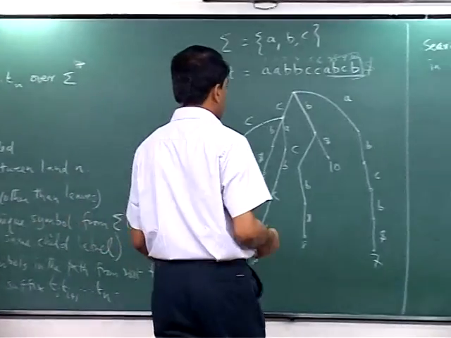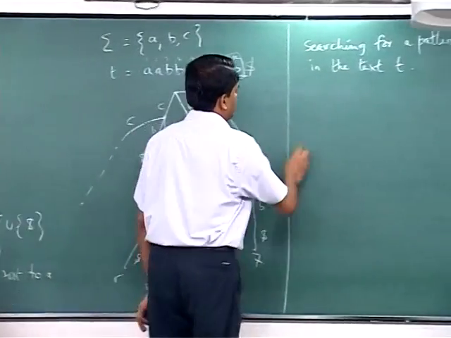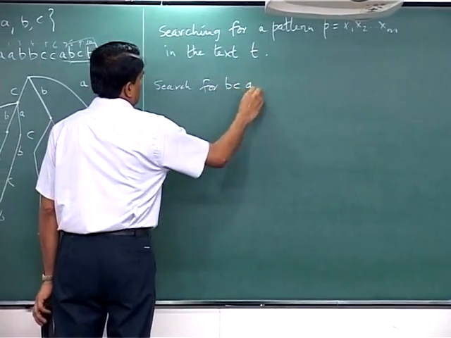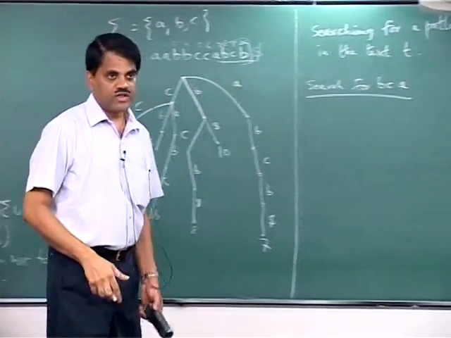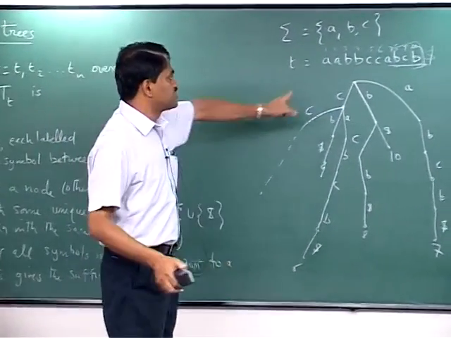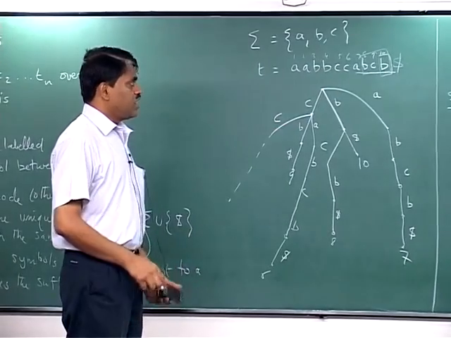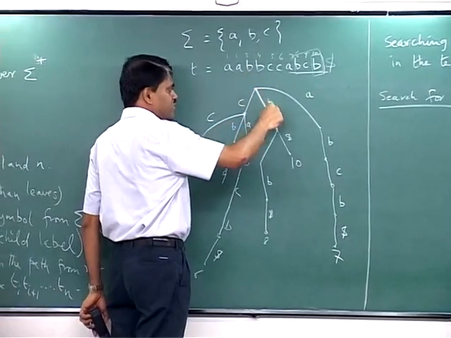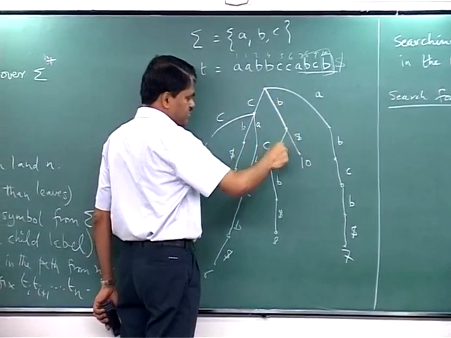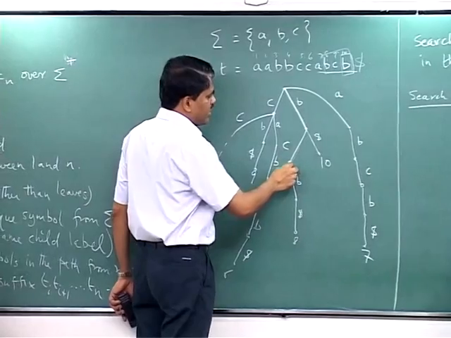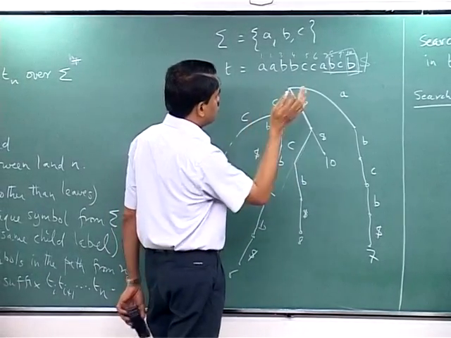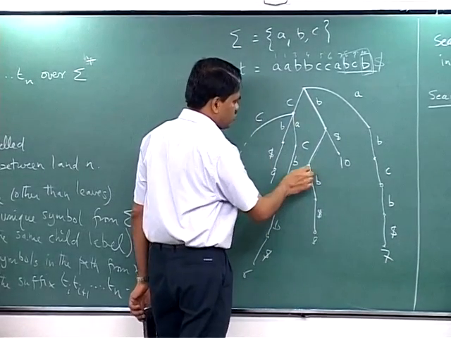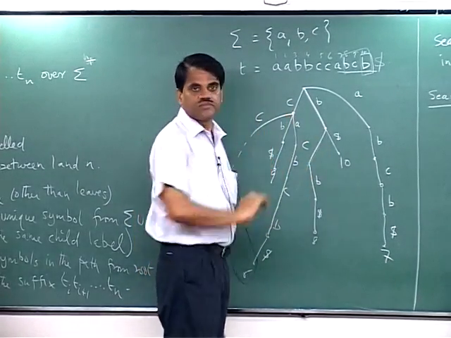So let's say I want to know whether BCA is in this string. I just go to the root of this suffix tree, follow the edge labeled B, and then there is an edge labeled C. There is no edge labeled A. So I stop and say BCA is not there.